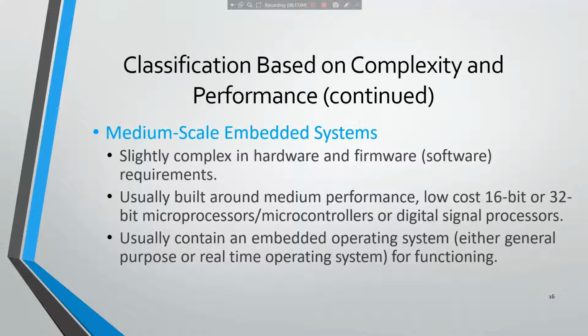Previously we saw that 16 and 32-bit were not available, but 8 and 16-bit were available in the small scale. In medium scale, the complexity increases a little bit. If complexity increases, obviously the performance of the CPU should also increase. That is the reason we use 16-bit or 32-bit microprocessors.